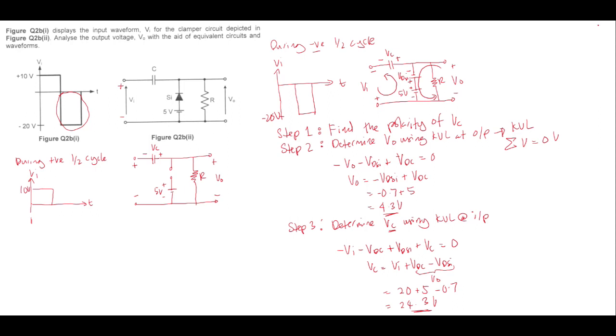So during the positive half cycle, we need to find the V out, the output voltage. How do we find the V out? We need to apply KVL at the input side to find the output voltage.